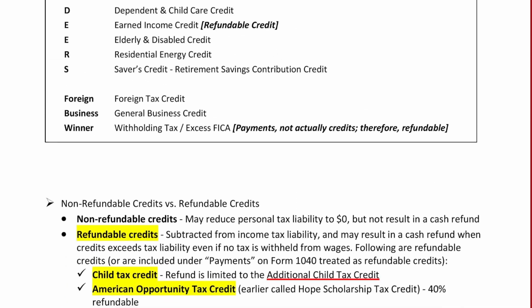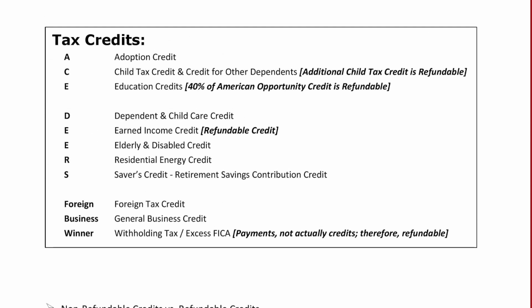Let's move up on this page and try to identify the refundable credits amongst all the tax credits, which is ACE equals foreign business winner. Highlight the C of ACE, because here is where we include the additional child tax credit, which is refundable. Highlight the E of ACE, because here we have 40% of the American Opportunity Credit being refundable.